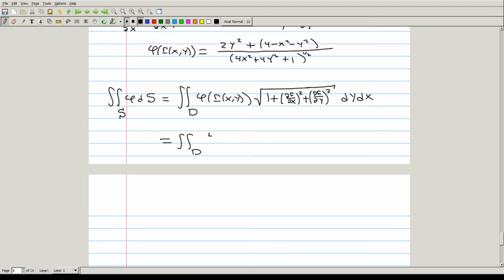So this is going to be 4 plus y squared minus x squared, divided by the square root of 1 plus 4x squared plus 4y squared.